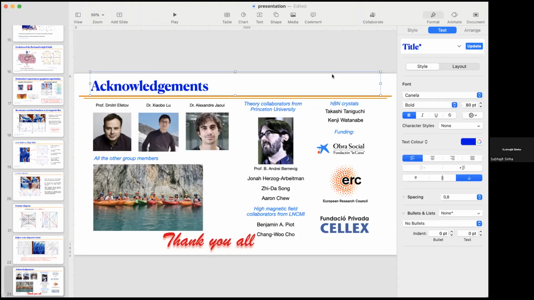And this high field data that you have, what is the temperature for all those data? So basically it's a huge magnet. It's not a superconducting magnet. You have many different cylinders of magnet, and inside you have the dilution fridge.